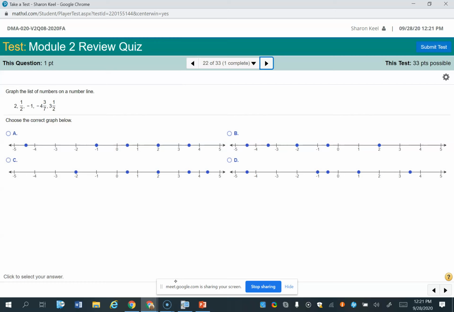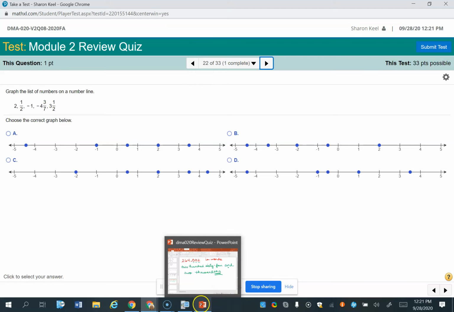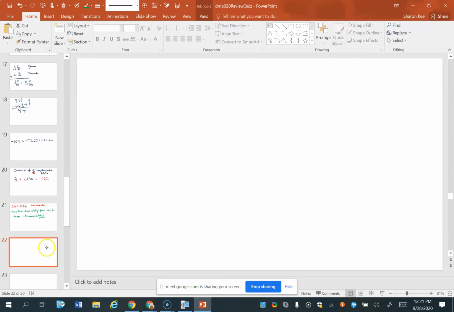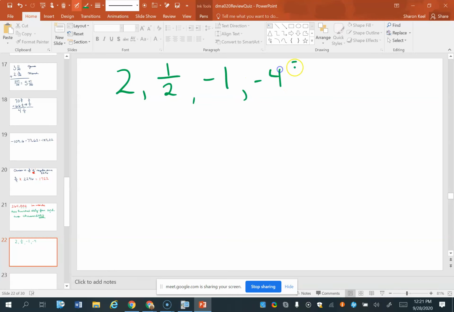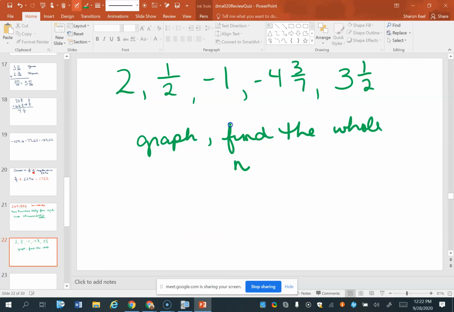Graph the list of numbers on a number line. So when you're doing this problem, this is what I recommend that you do. Let me make a list of these. We have 2, a half, -1, -4 3/7, and we had 3 1/2. When you're graphing this, the hint is the whole numbers first.